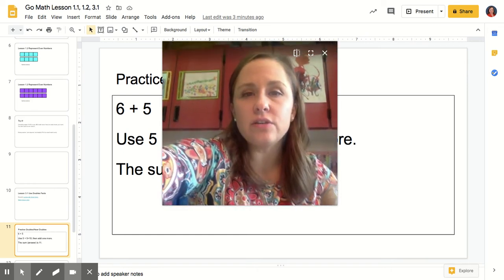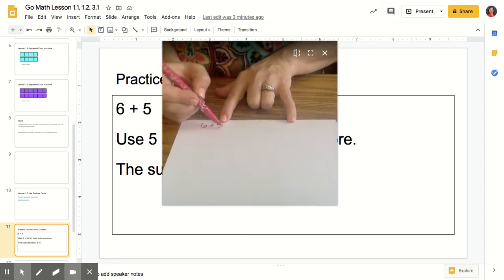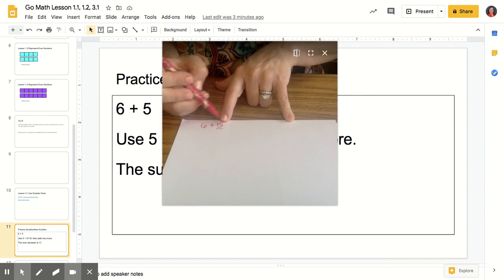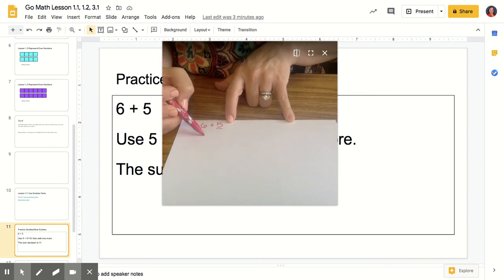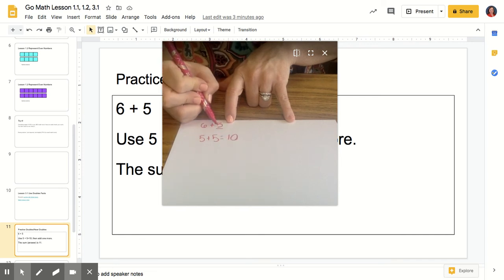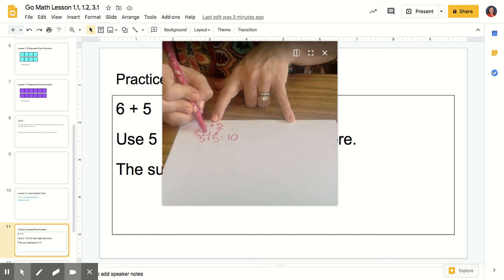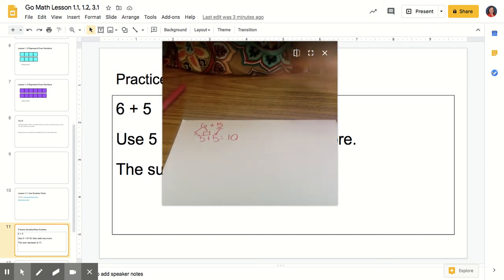All right, let's focus on doubles plus 1 with this lesson. So we're going to choose the smaller number and use this doubles fact. 5 plus 5 equals 10. Now, I got this 5 from here. I got this 5 from here. What should be there?